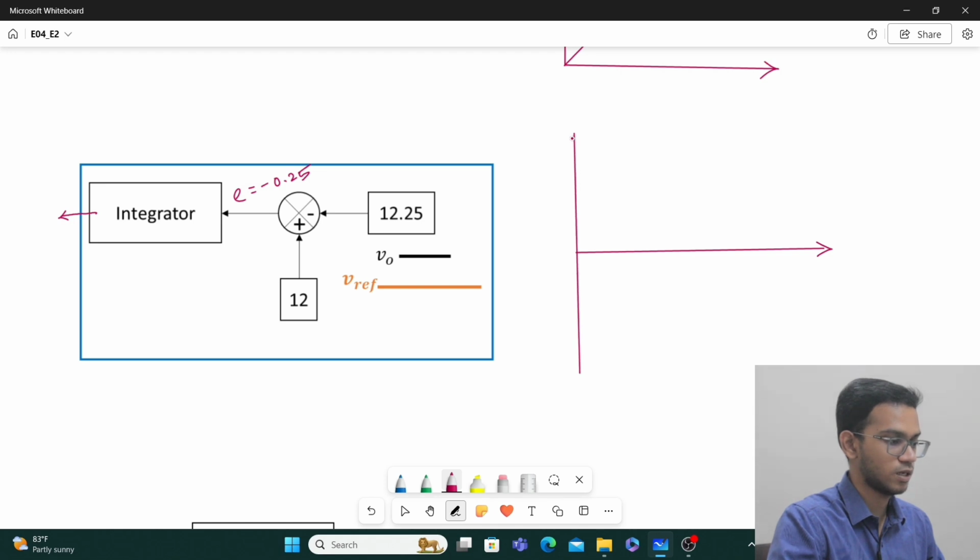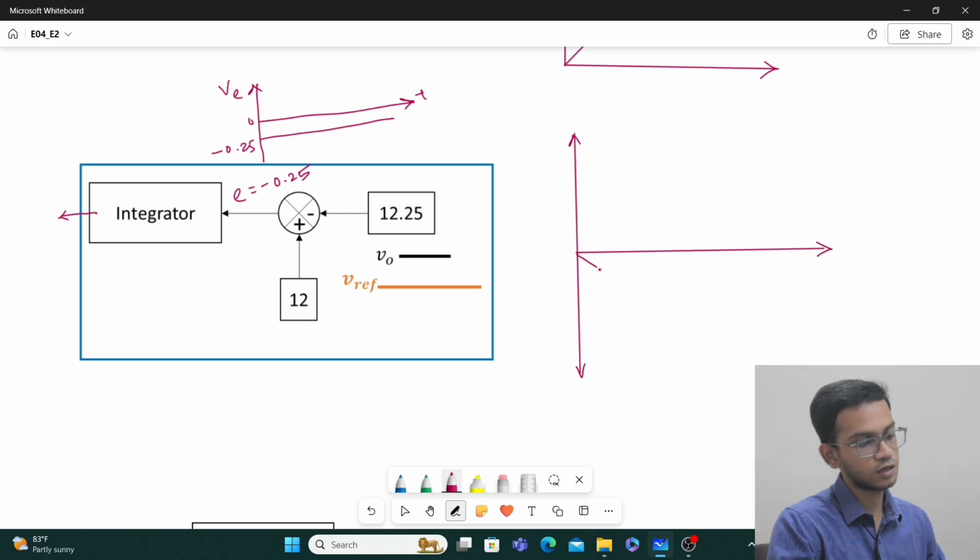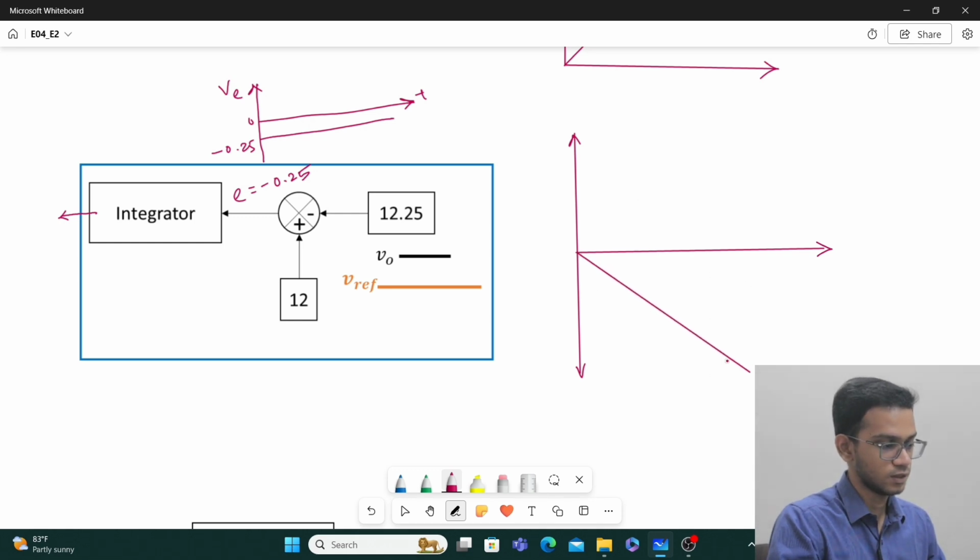I am giving a constant input of minus 0.25, so this is minus 0.25, this is my error voltage and this is my time. It is negative, this is origin, it is negative. The moment I give this, it will keep accumulating in the opposite direction, right? So this will keep continuing again and again.